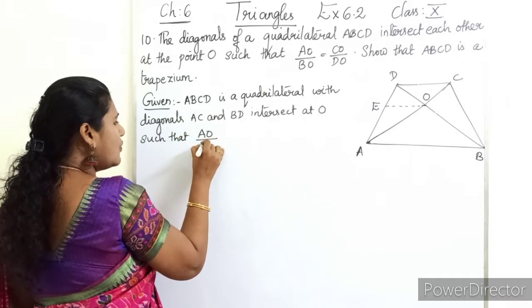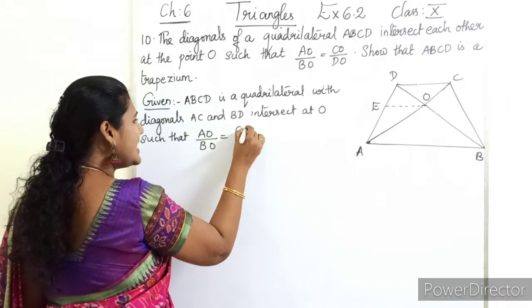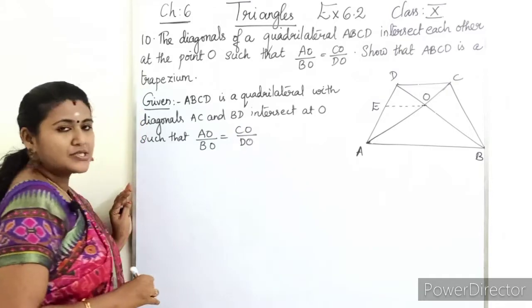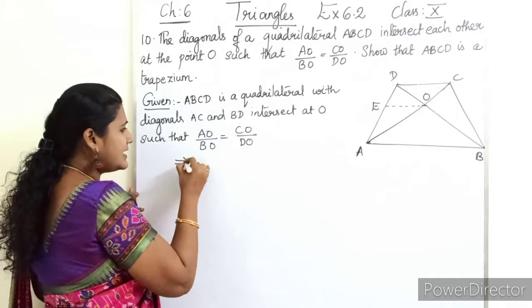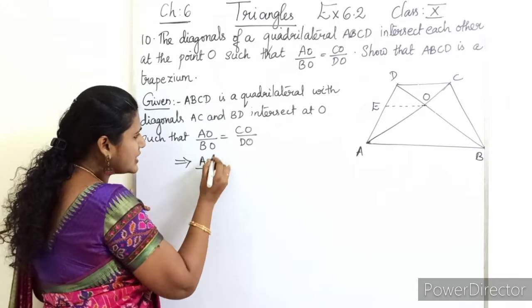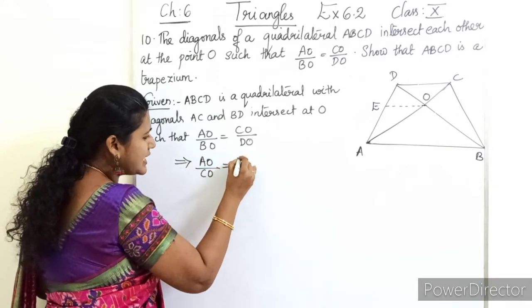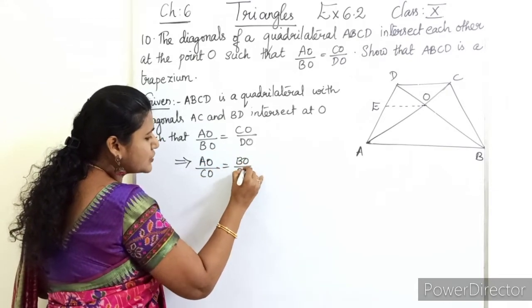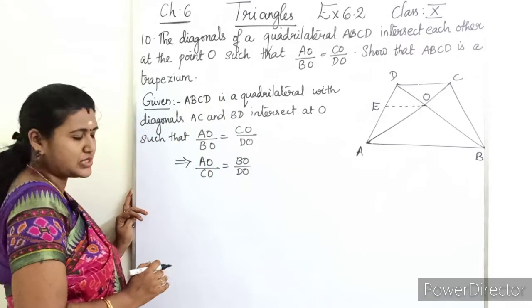AO by BO is equal to CO by DO. From this condition we can bring this CO to this side, so we will get the condition AO by CO is equal to BO by DO. This condition is given in the question.